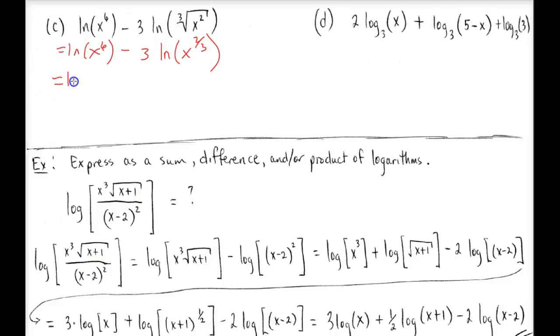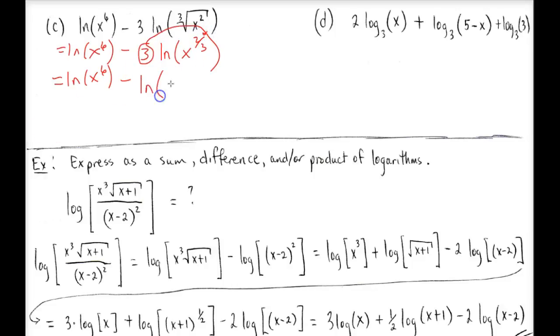And so now from here, we know that from property 7, we have 3 times natural log of x raised to the 2/3. That would be the same here if we took this 3 and put it back in the exponent.